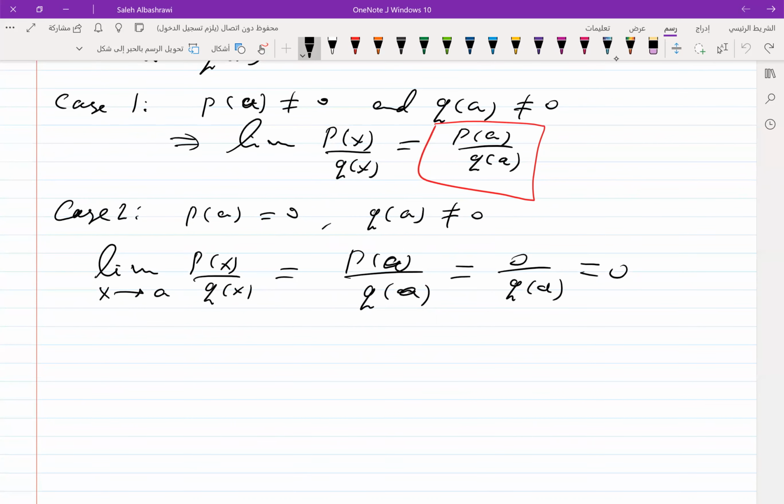Third case, p of a is not equal to 0, but q of a is equal to 0.